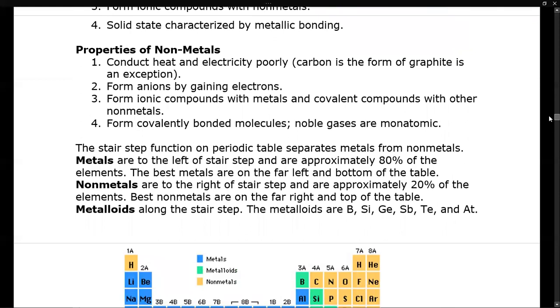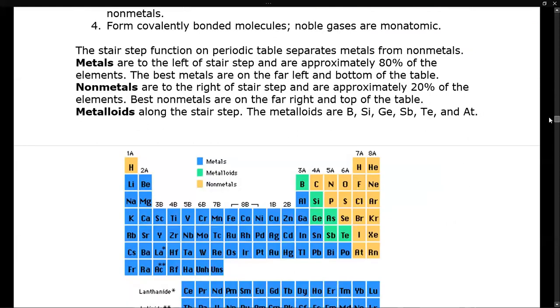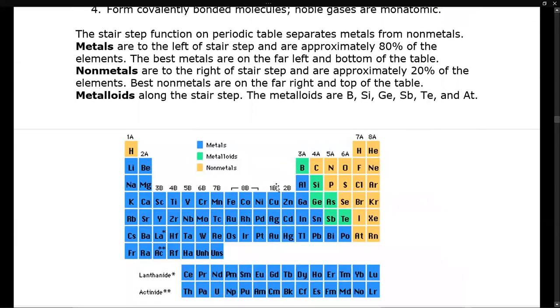There's a stair-step function on the periodic chart that separates the metals from the nonmetals. Metals are all those blue elements pictured to the left of the periodic table. They're about 80% of elements. Nonmetals are these in that sort of light orange, and including hydrogen from over here. And they're roughly the rest, or 20%.